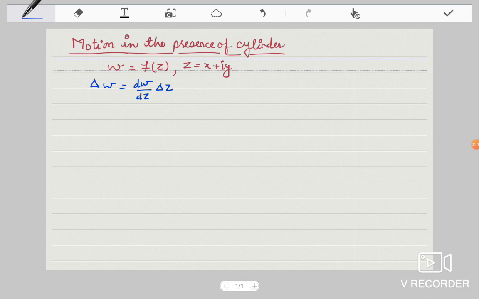It simply means that if I write w to be phi plus i psi, then if this variation is allowed, phi as well as psi will satisfy Laplace equations.